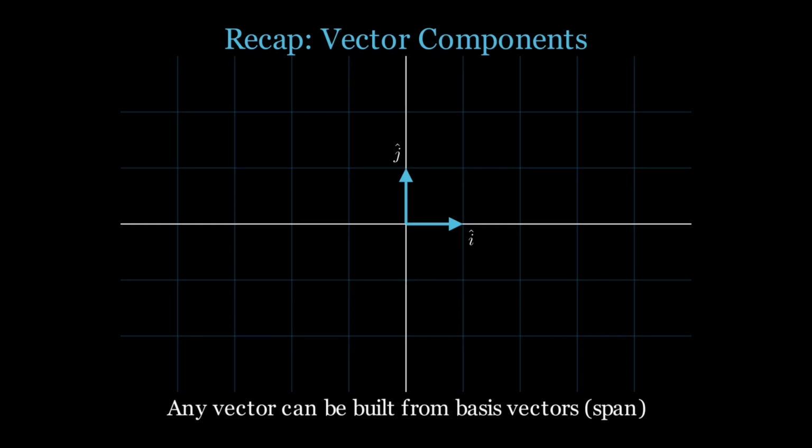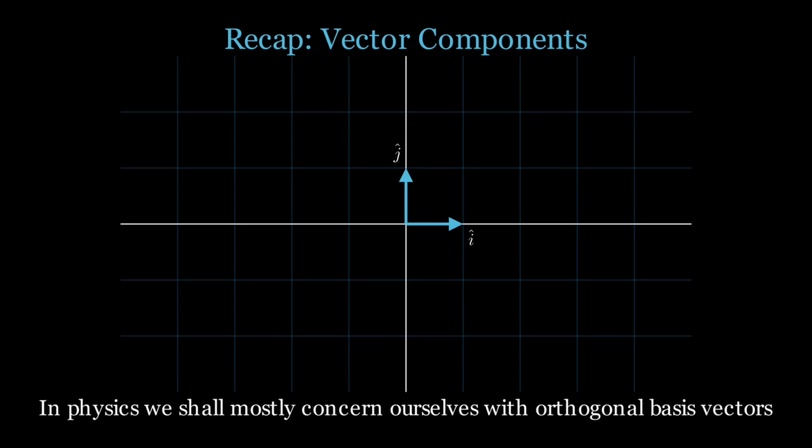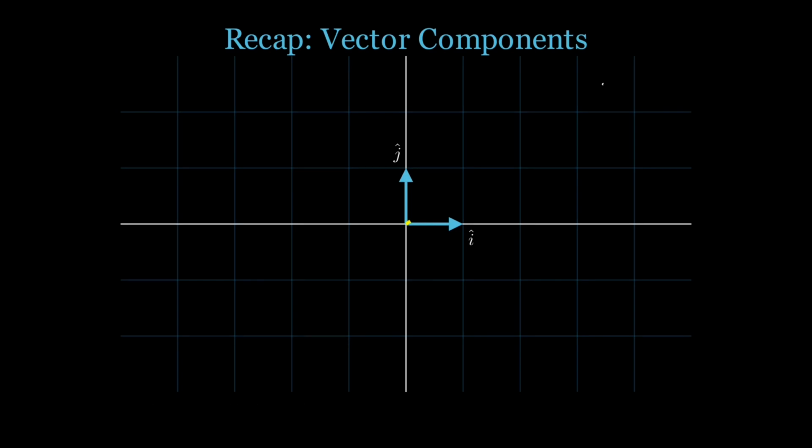Together they form the basis of the 2D vector space, meaning any vector in the plane can be constructed as a combination of just these two. In physics, we mostly work with orthogonal bases like this, where the axes are at right angles and do not interfere with each other.